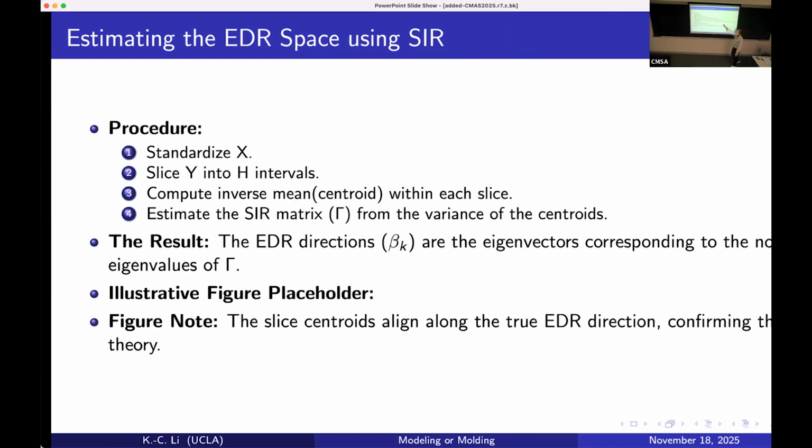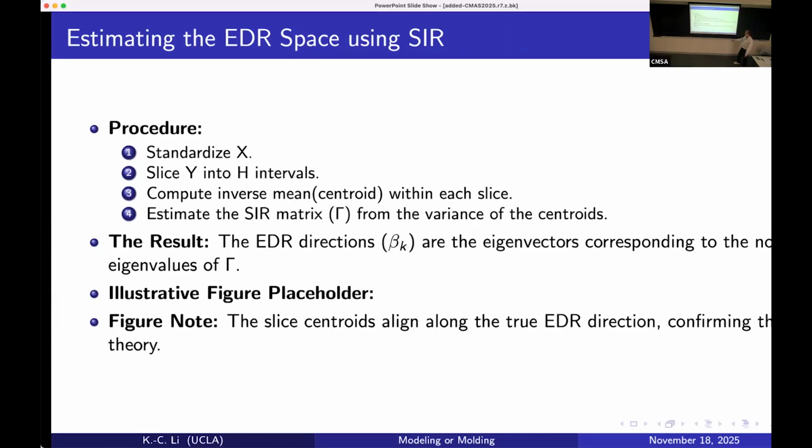You standardize x, then slice the y into several intervals, then you compute the inverse mean, and then you form the eigenvectors and eigenvalues from this slice mean. The matrix comes out from this slice mean, and that's it.